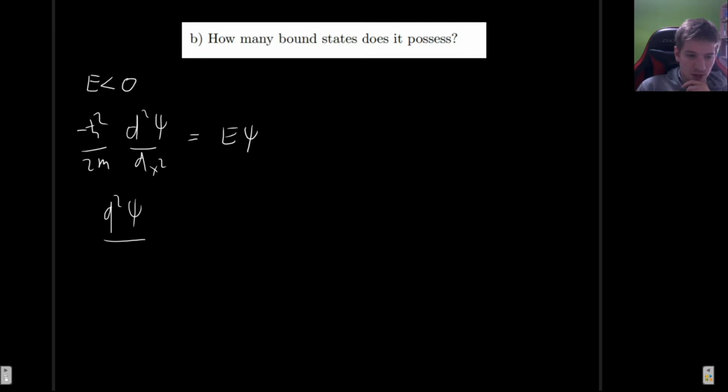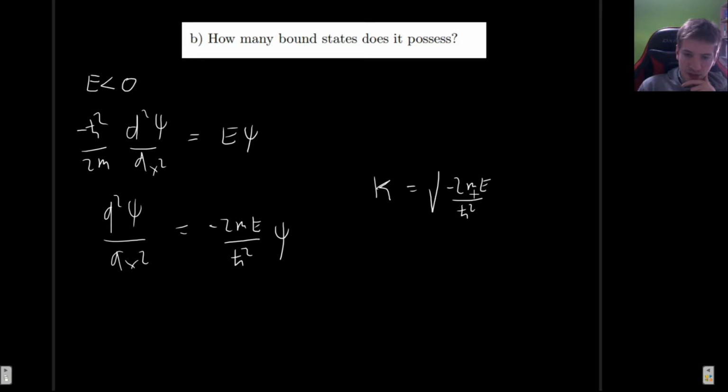So how is this solved? This is solved as we have done many times before. We isolate the second derivative and we get minus 2mE divided by h bar squared psi. And since the energy is negative, we define k as the square root of minus 2mE divided by h bar squared, so that when we take E as a negative number, it's going to be something positive in here.